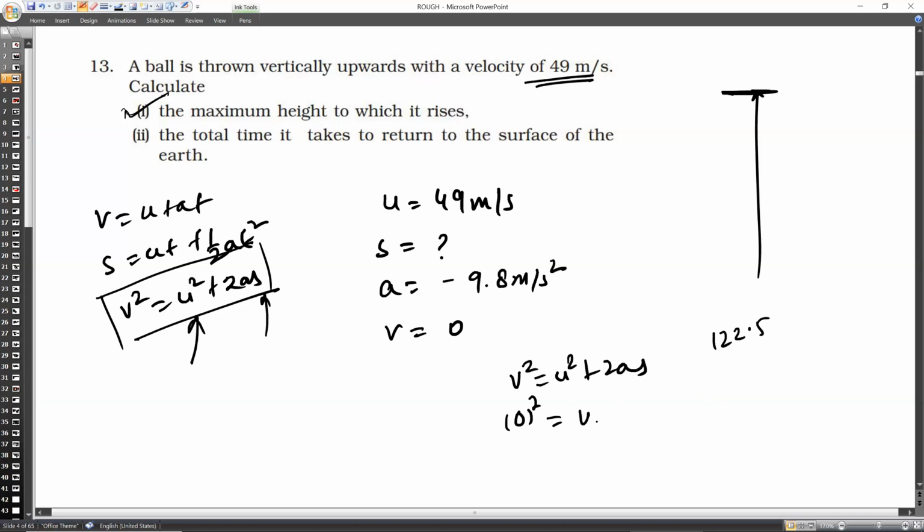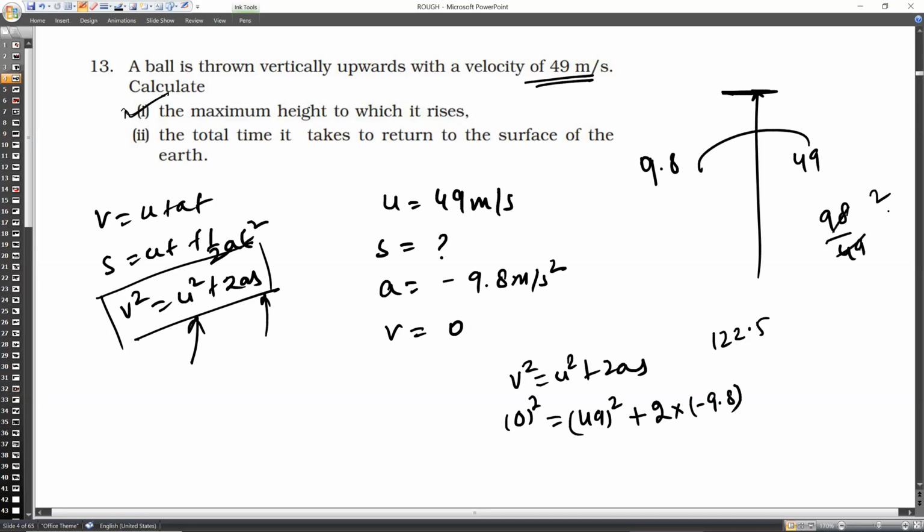So why have I taken this 49 and acceleration due to gravity as minus 9.8, not as 10? Because 9.8 and 49 have some relation. 98 and 49, you can cut easily by 2.